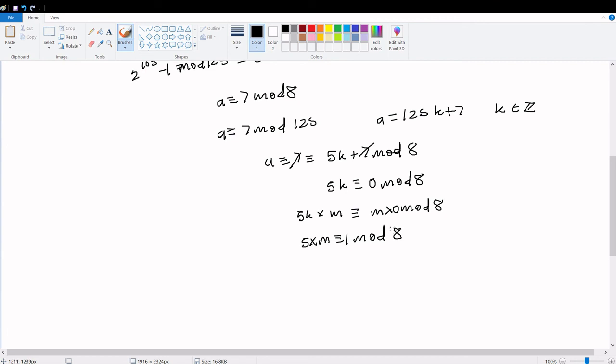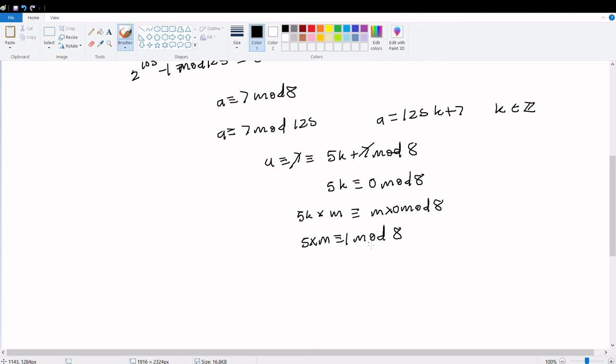Because if we do that, then the coefficient in front will simplify to 1, and that'll give us that k is congruent to something mod 8.